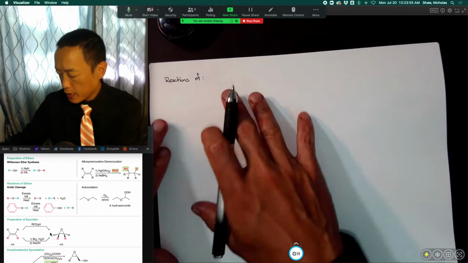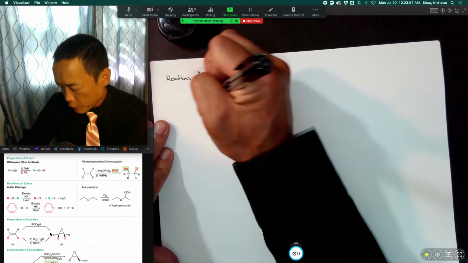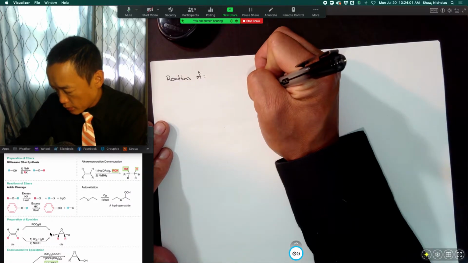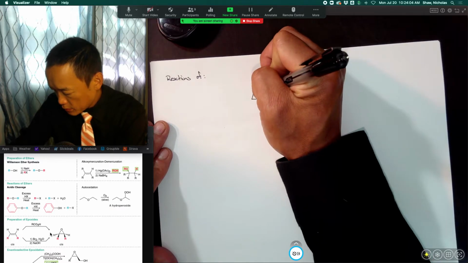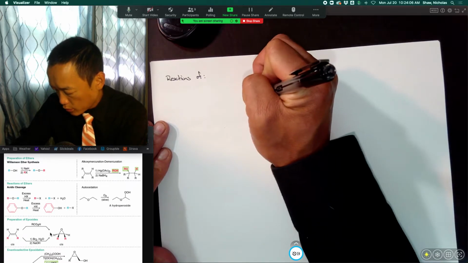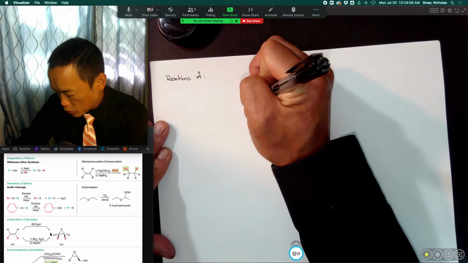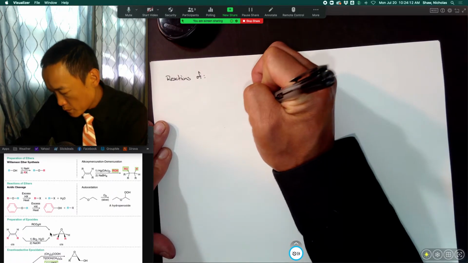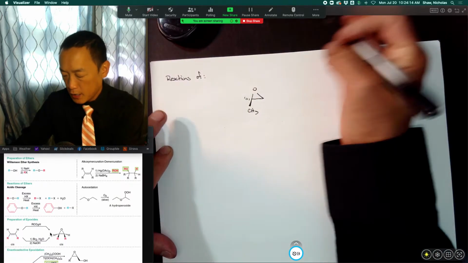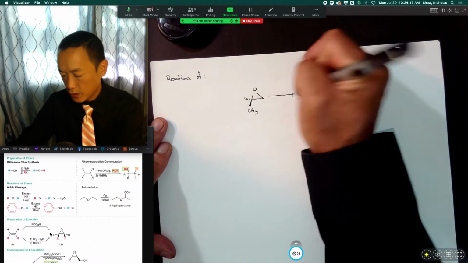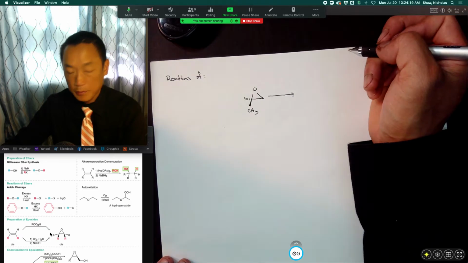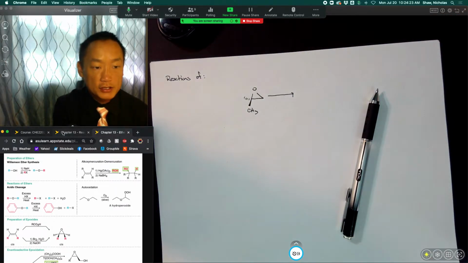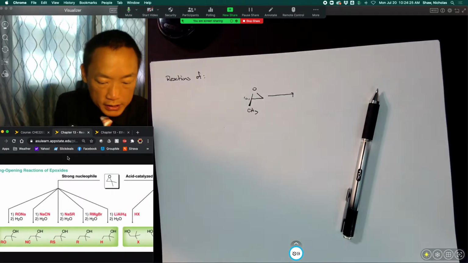When we look at reactions of epoxides, what I am going to do is illustrate this with an asymmetrical epoxide. And we're going to suggest that this thing can undergo a set of reactions to make a bunch of different products. And these reactions are captured right here.